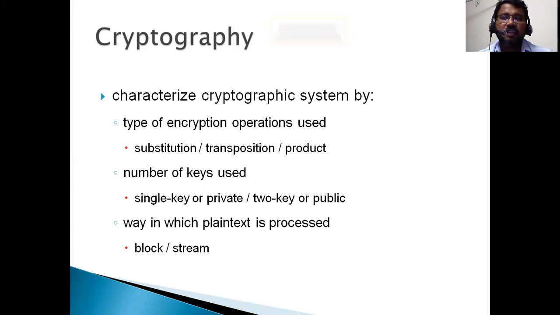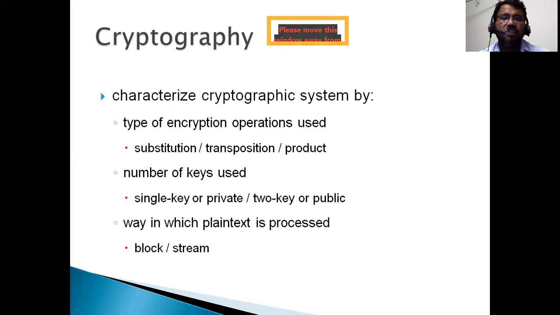Here the characterization of the cryptographic system can be classified like this. First, types of encryption operations. Mainly three encryption operations we are going to use: substitution encryption, transposition encryption, and product encryption, which we are going to discuss in the next class.